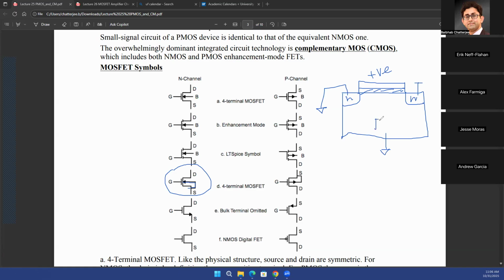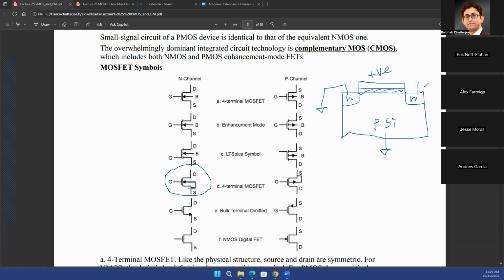And remember that the body is p-type silicon, and the source is n-type silicon. So if both of them are grounded, you have that PN junction in zero bias condition, and it has almost no effect.